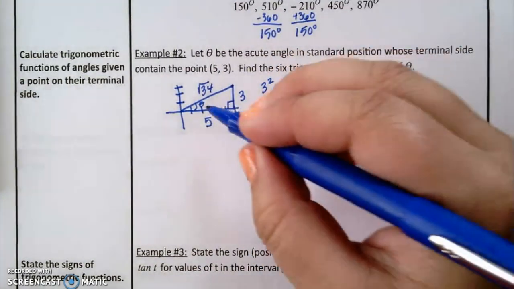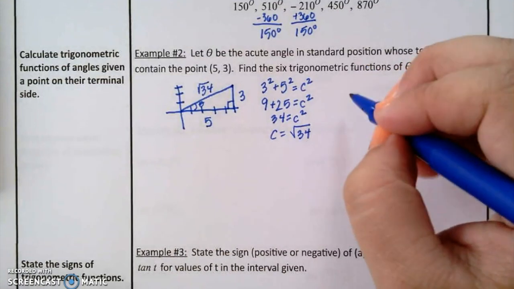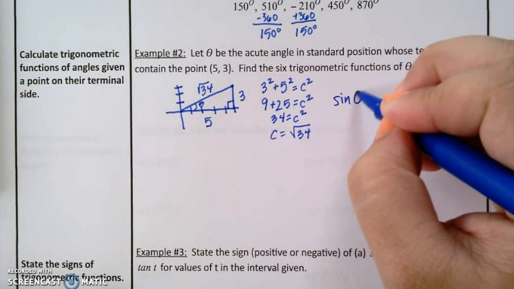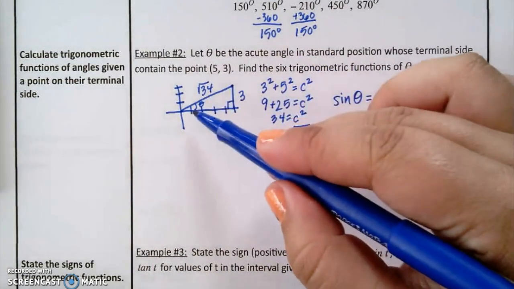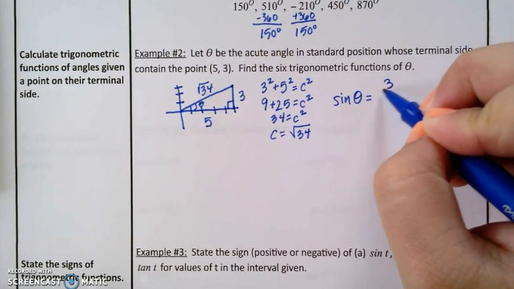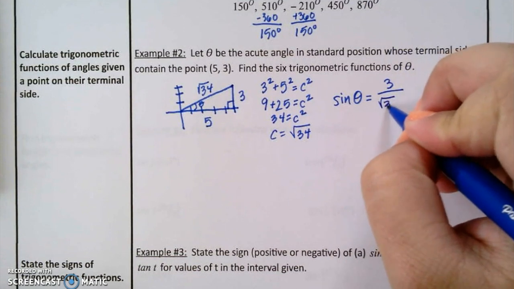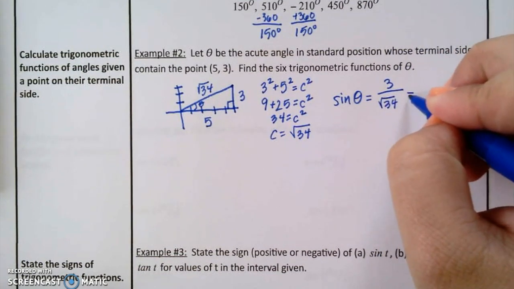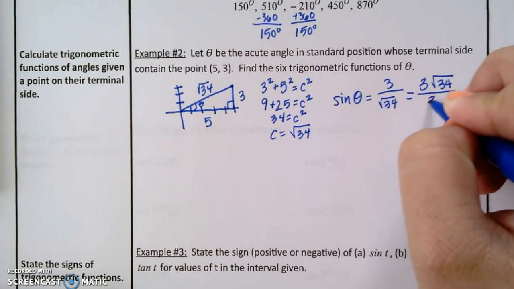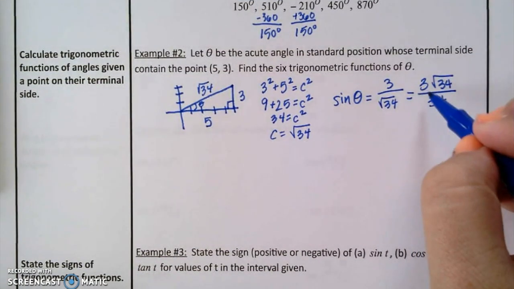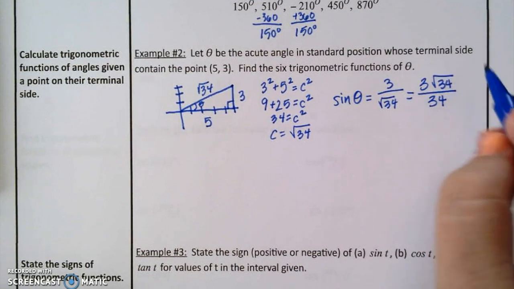All right, so looking at theta, then we can find that sine of theta, which is, again, opposite over hypotenuse. So opposite is 3, divided by hypotenuse, the square root of 34. And then we rationalize, so that's 3 times the square root of 34 divided by 34. 3 does not go into 34, so this is reduced form.